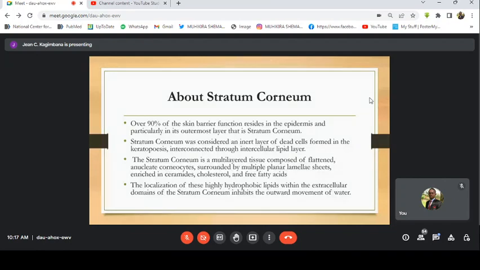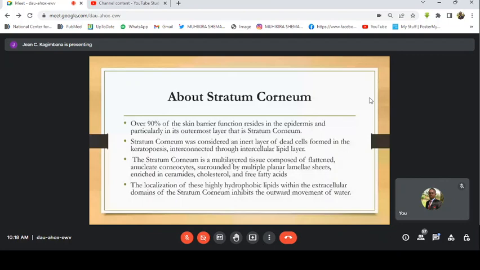This stratum corneum is a multilayered tissue composed of flattened, corrected corneocytes surrounded by multiple planar lamellar sheets, enriched in ceramides, cholesterol, and free fatty acids. That's why when you palpate, when you touch the skin, it's smooth, okay?